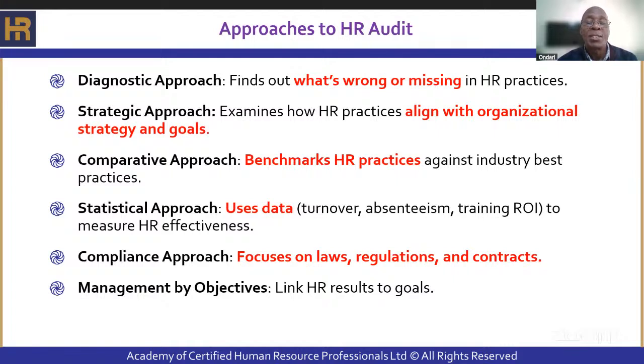Third, it also suggests the way we do business or how we serve our customers. So the strategic approach looks at 3 or 4 things. One, alignment of HR function to the mission. So the first one is the mission, the purpose of the organization.